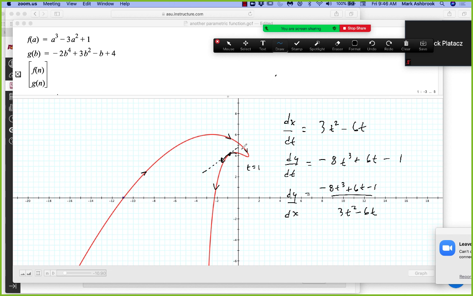Dy dx strictly has to do with the slope in our xy coordinate system, right? As x increases, so that would be going this way, regardless of the fact that t is taking us this way, y increases also, according to the inclination right there of the curve. And so dy dx we expect to be positive.